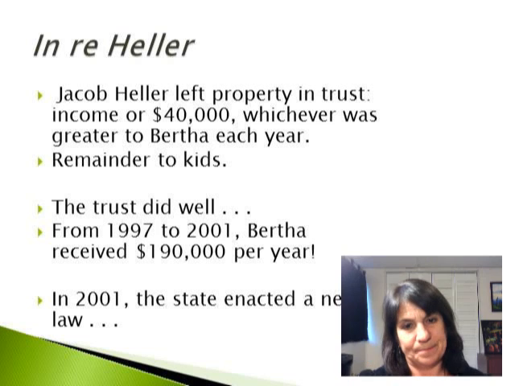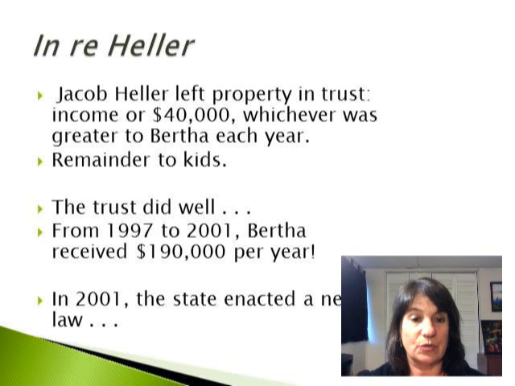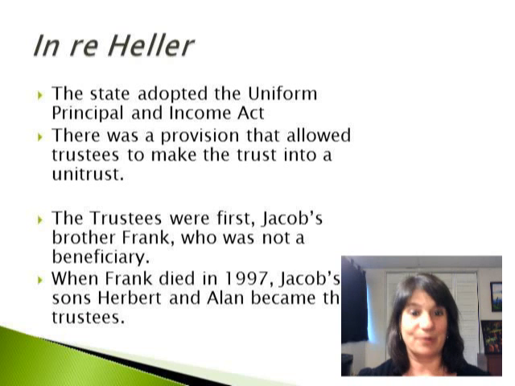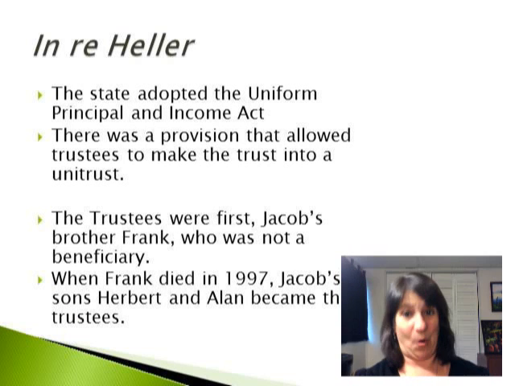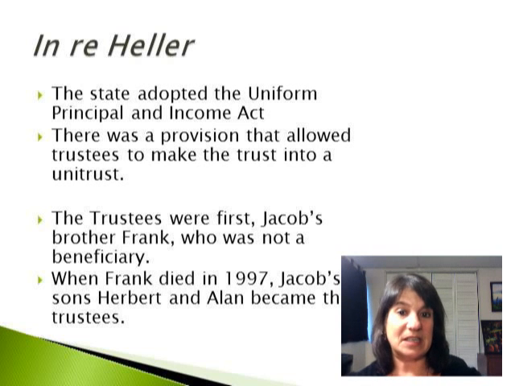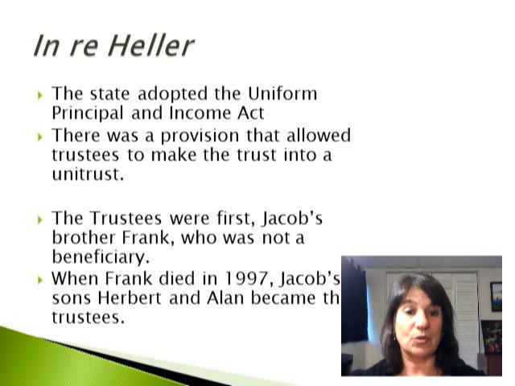So what happened? In 2001, New York enacted a new statute. It enacted the Uniform Principal and Income Act. And that included a provision that allowed trustees to make the trust into a unitrust. Now, who were the trustees? Here's the fun.